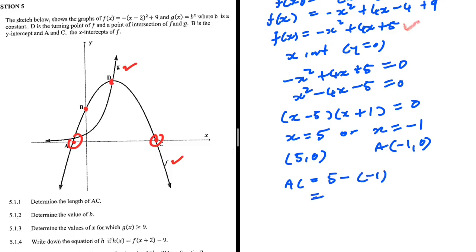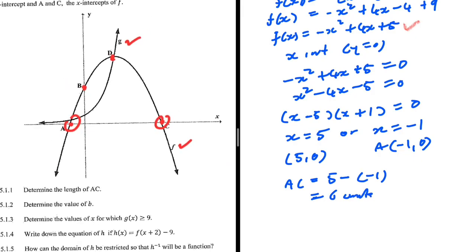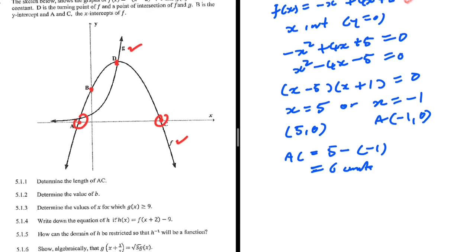Okay, and this is 6 units. We know that from the origin to C is 5 units, and then from A to the origin is also 1 unit because A is minus 1. So 1 plus 5 is equal to 6. So I think we have done everything the right way there. So that is 5.1.1.